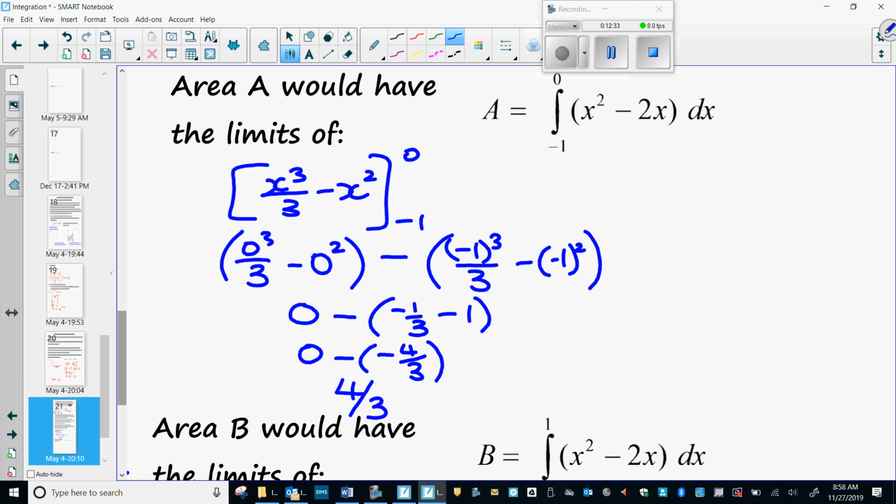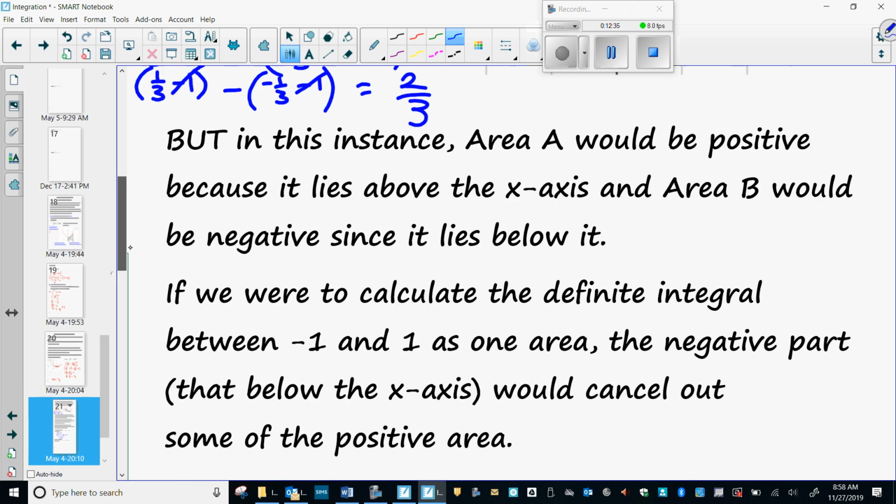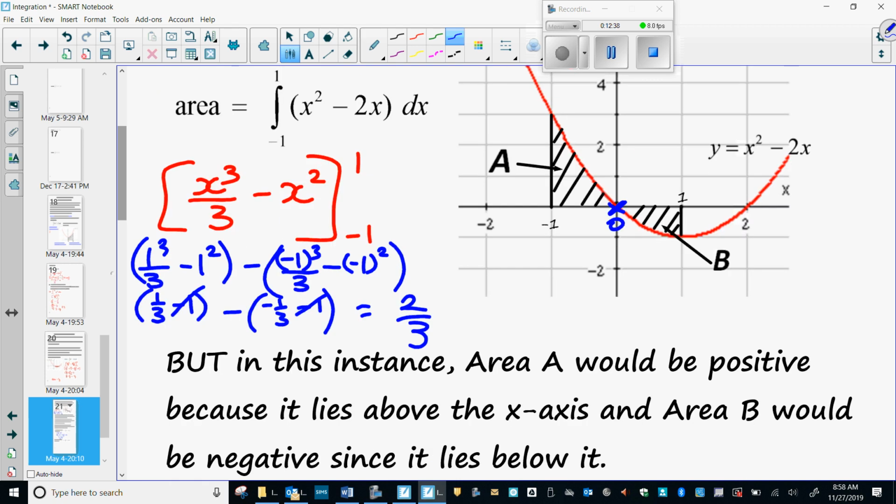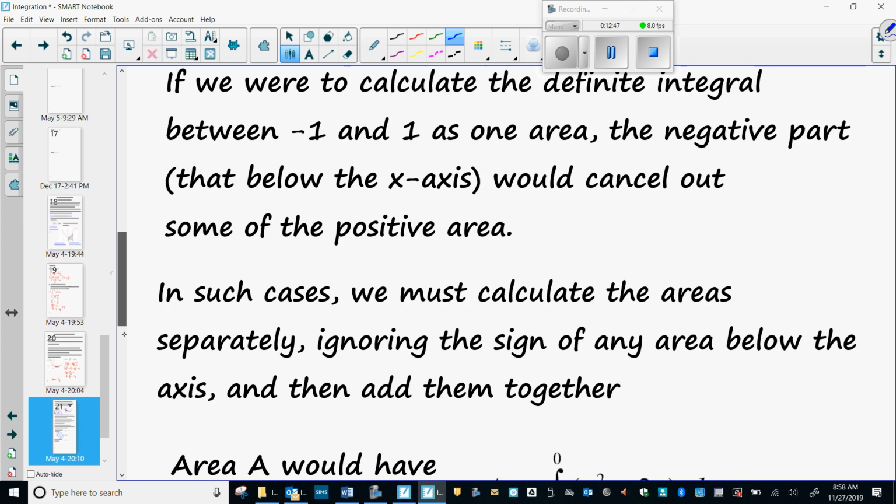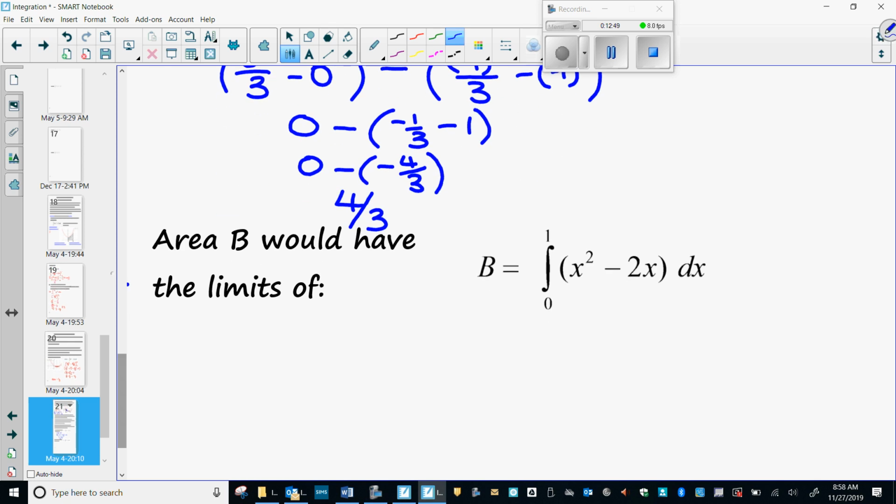So if I were to go back up to my diagram, what I've just worked out there is this area here, and I found that to be 4/3. I'm now going to find area B. We'll do that in a different colour. So that's between 1 and 0. So questions like this, sometimes you have to establish your limits yourself. You need to decide where the graph is above and where it is below.